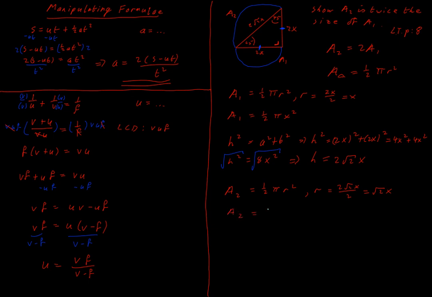Area 2 is equal to a half pi on root 2 x to be squared, which is equal to a half pi on 2x squared, which is equal to 2 divided by 2 is 1, so I'm left with pi x squared.